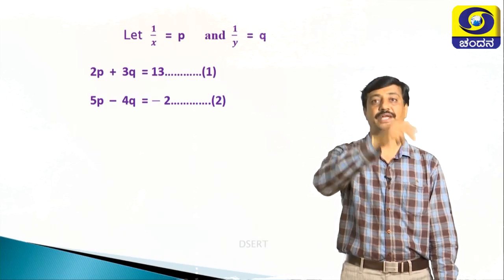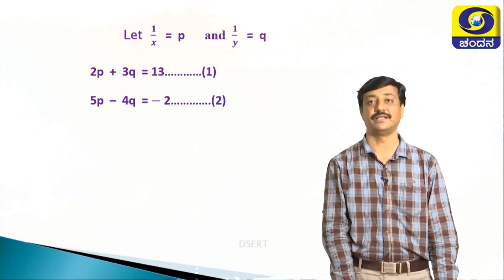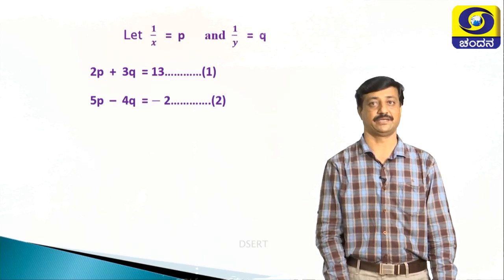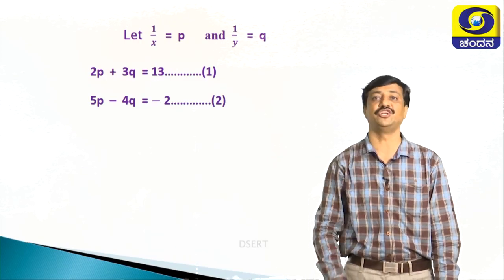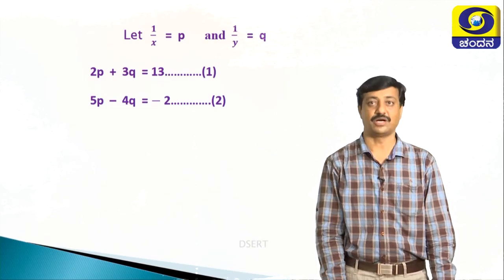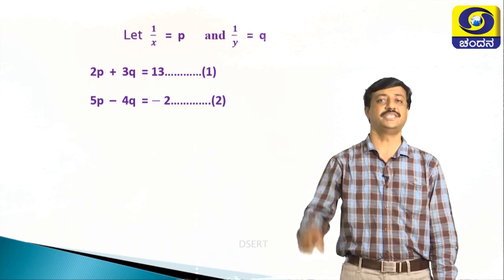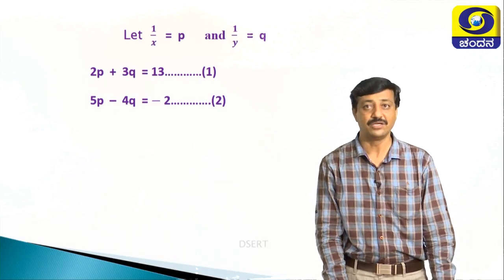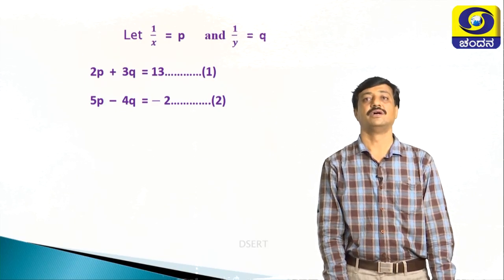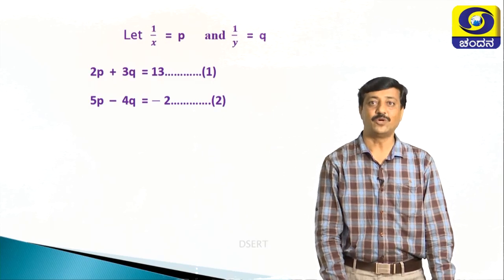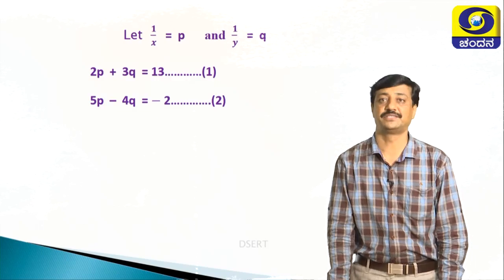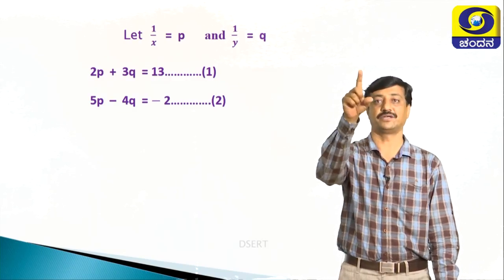Now to find the solution for this pair, we have to apply any one of the three algebraic methods. Now again I will go for the elimination method. To apply the elimination method, just compare their coefficients. Are they equal? No. Now we are going to equate the coefficients of either p or q.